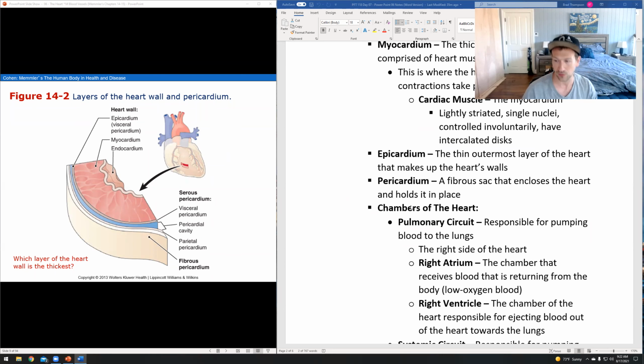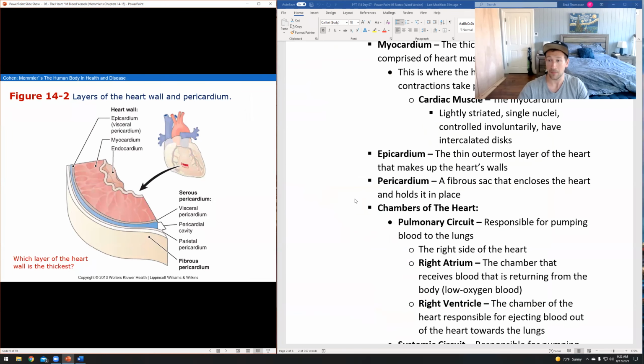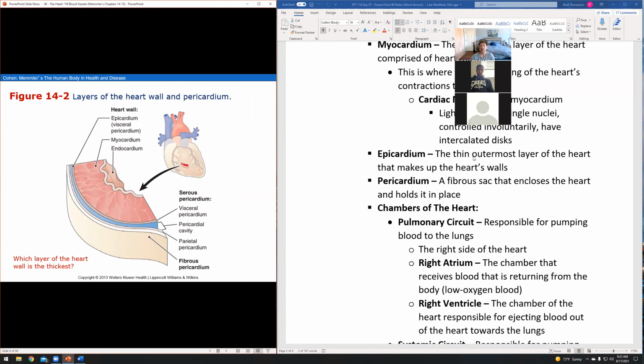Your pericardium is this fibrous sac that's really there to hold your heart in place. You can see it's this fibrous sac here that's around the outside. And that's great because that connective tissue is what keeps our heart in the center of our chest, and that means that it never comes disconnected from any of the blood vessels and tubes that we're attached to.